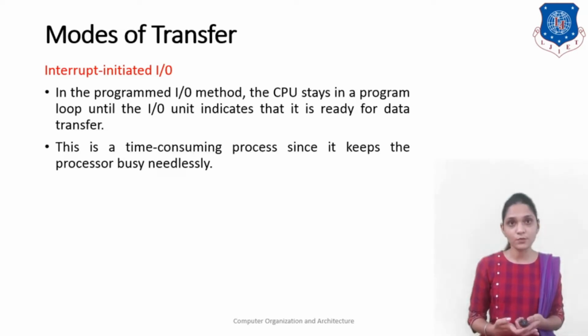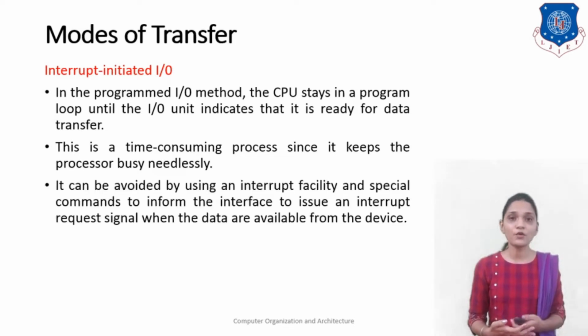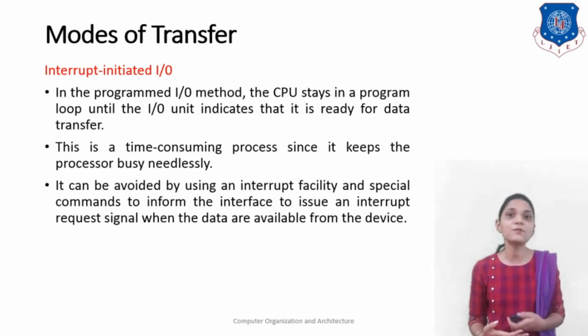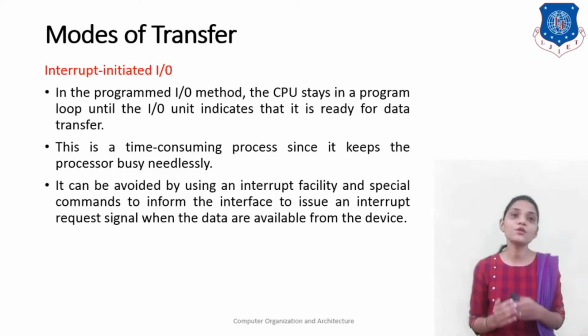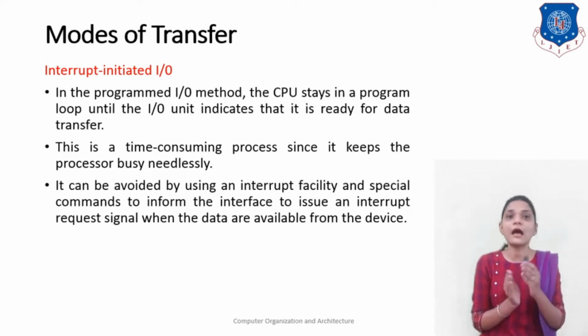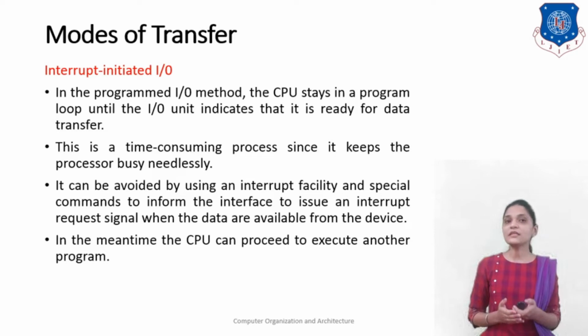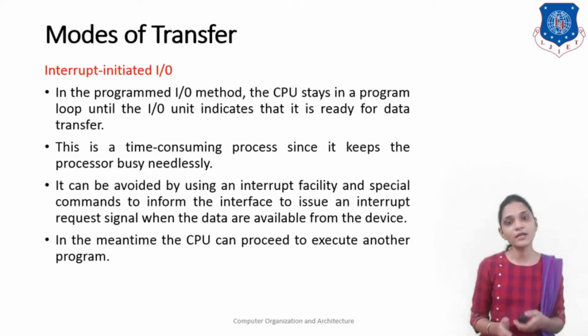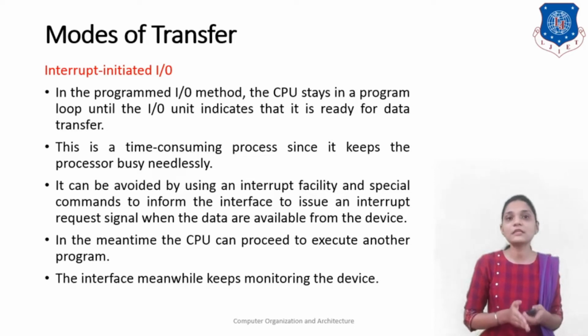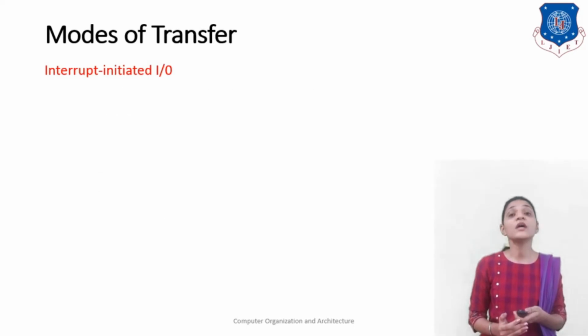This is a time consuming process since it keeps the processor busy needlessly, and it can be avoided by using the interrupt facility and special commands to inform the interface to issue an interrupt request signal when data is available from that device, so that the CPU doesn't need to continuously monitor the I/O device whether it has data to transmit or not. So in the meantime, the CPU can proceed to execute another program. The interface meanwhile keeps monitoring the device. So this way you can use this interrupt initiated I/O.